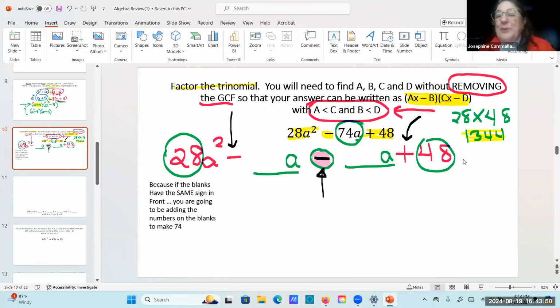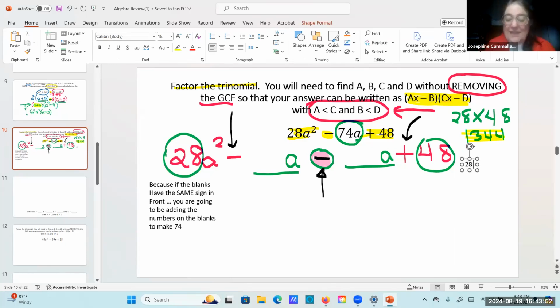Okay. 28 plus 48 equals 76. Well, I need 74. So that means I've got to either go a little bit smaller than 28 or a little bit bigger.